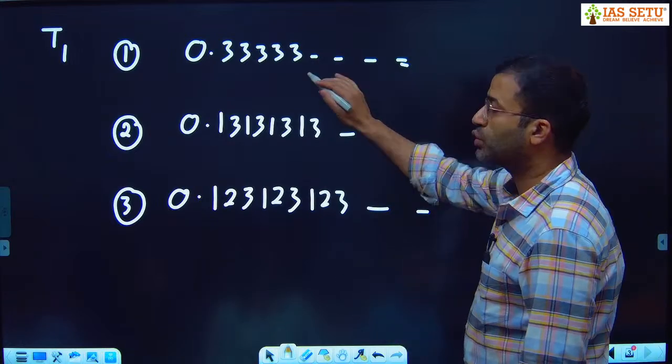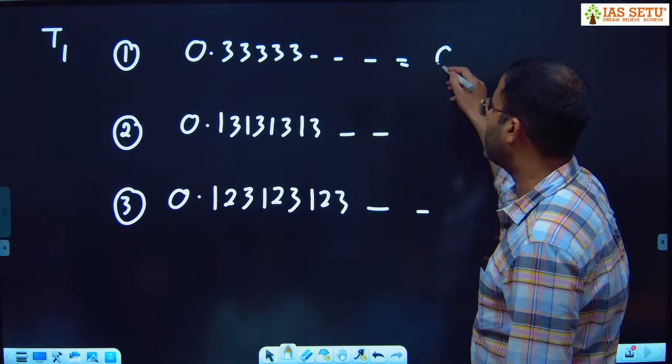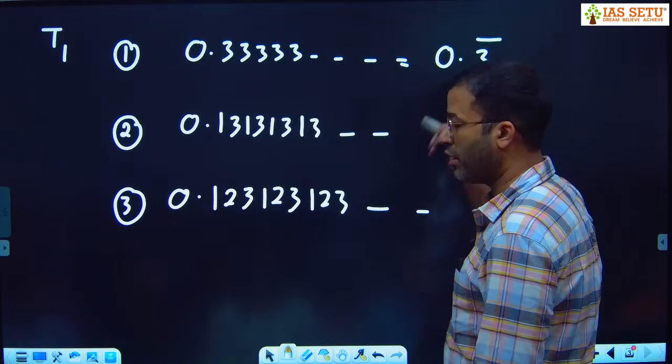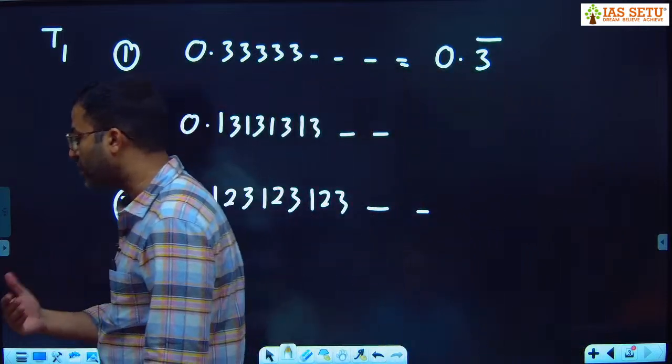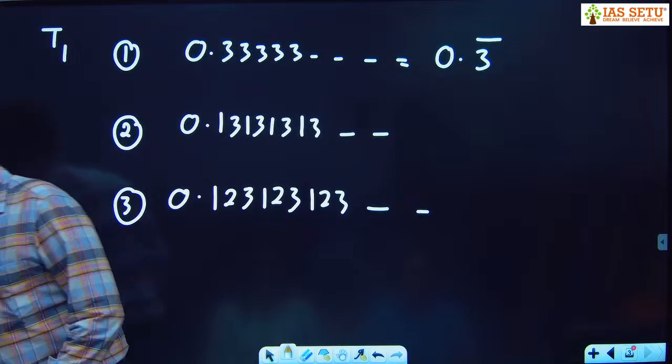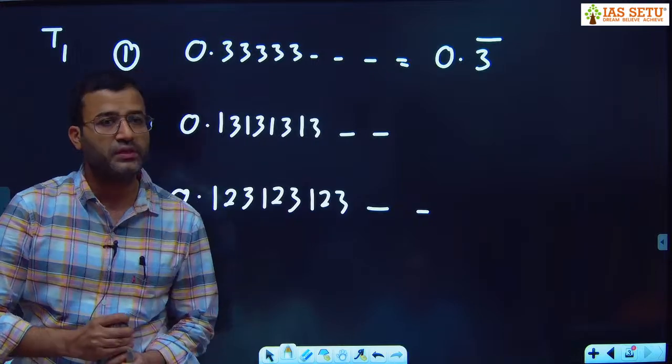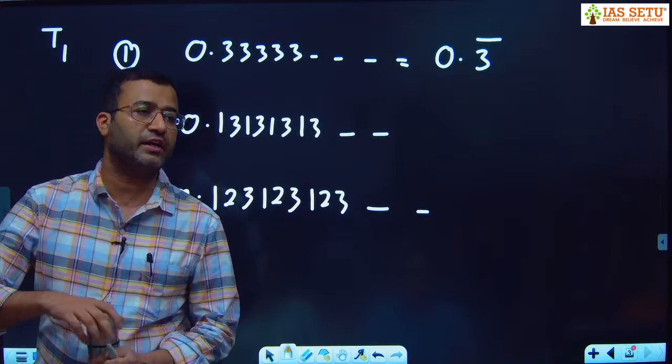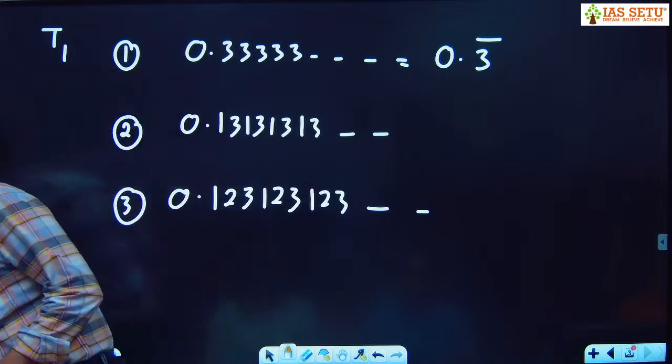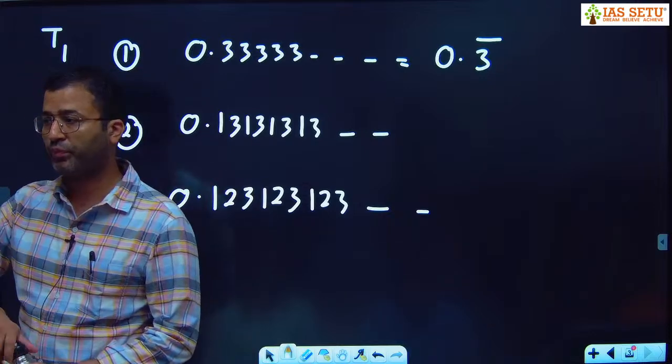Now in school days, the teacher told you we express it as 0.3 with a bar on 3, because we can't write 3 forever, so we put a bar. The bar represents the digit which reoccurs again and again.